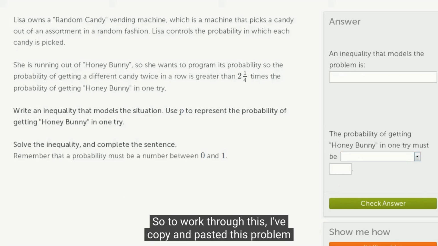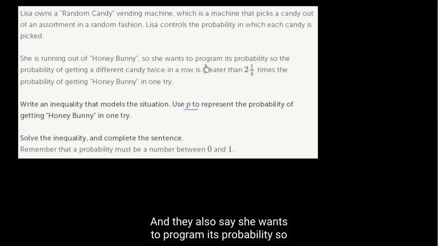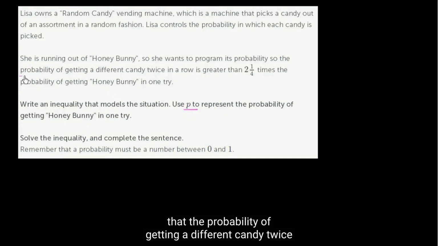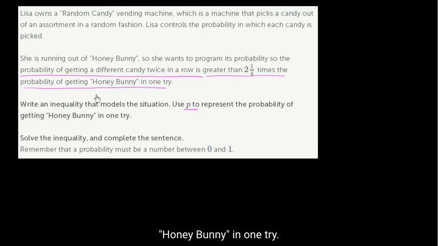So to work through this, I've copy and pasted this problem onto my little scratch pad right over here. And so let's just think about it a little bit. They tell us use P to represent the probability of getting Honey Bunny in one try. And they also say she wants to program its probability so that the probability of getting a different candy twice in a row is greater than 2 1/4 the probability of getting Honey Bunny in one try.